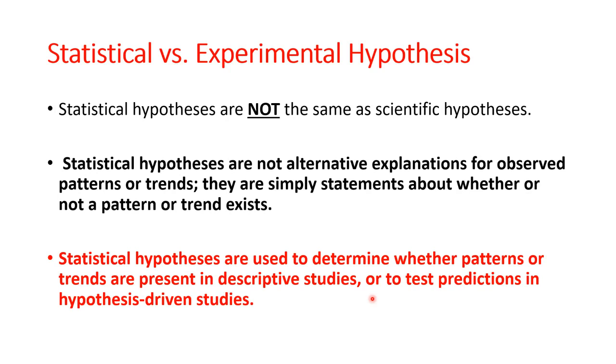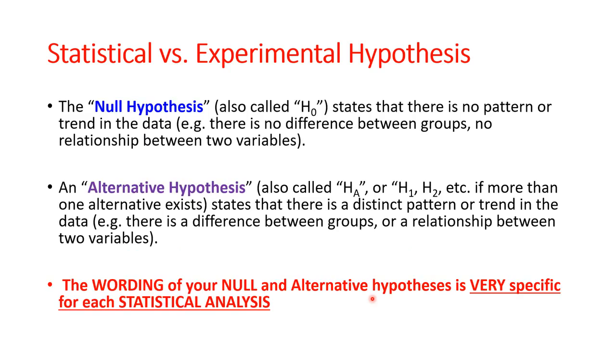Also, the wording for statistical hypotheses is specific depending on what statistical analysis you're doing. The null hypothesis for a chi-square is not the same as it is for a t-test. That's not the same as it is for a regression or an ANCOVA, right? They have very specific null and alternative hypotheses for the analysis that you're doing, and the wording needs to be appropriate given the analysis that you're doing.